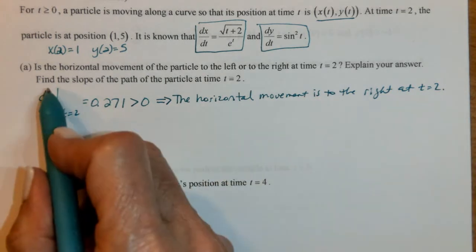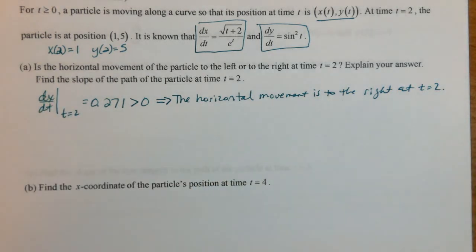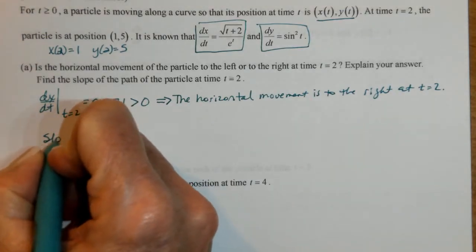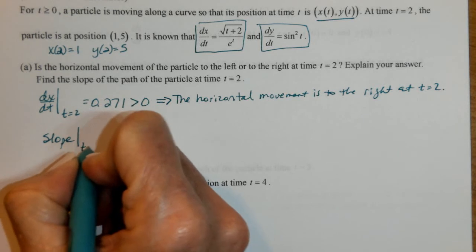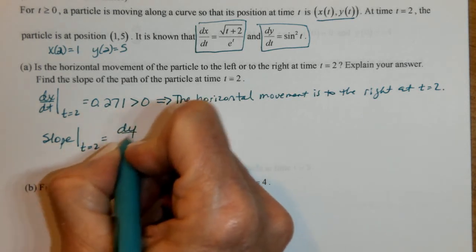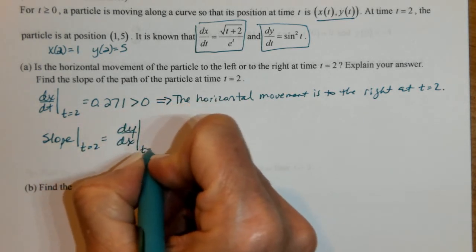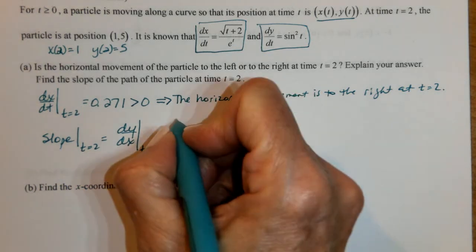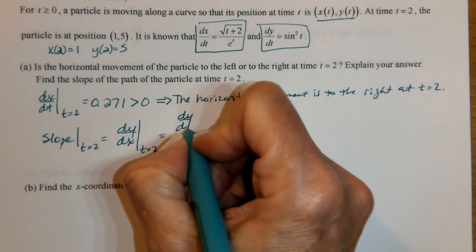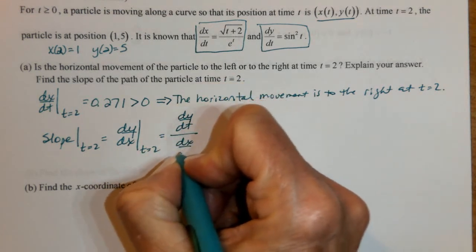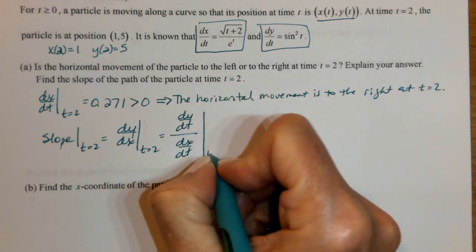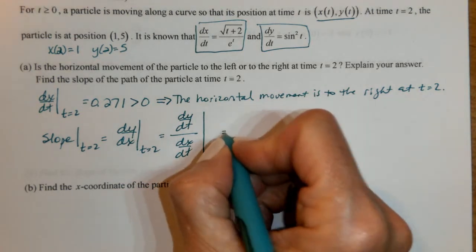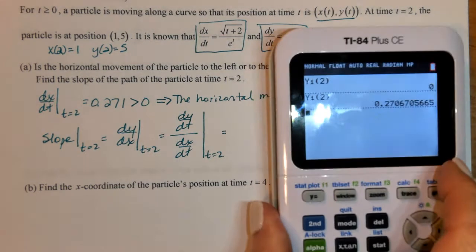And now we want to find the slope of the path of the particle at time 2. Well, the slope at time 2 is dy/dx at time 2. AP needs to see what we're doing. We are putting in dy/dt over dx/dt at time 2. AP needs to see that, otherwise you may not get credit for your answer.